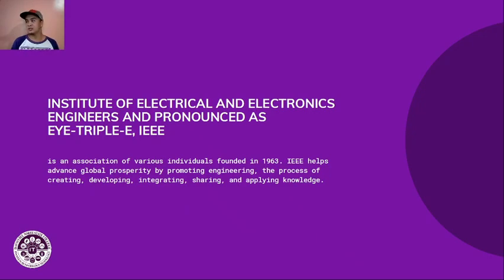So it's not just limited to what we normally know when we say engineers, those folks who do the road works, the building works, physical infrastructure. No, it's not like that. IEEE is composed of any kind of engineers, also IT specialists.